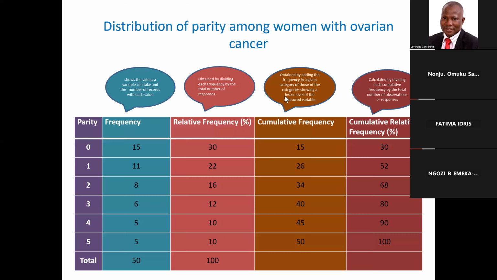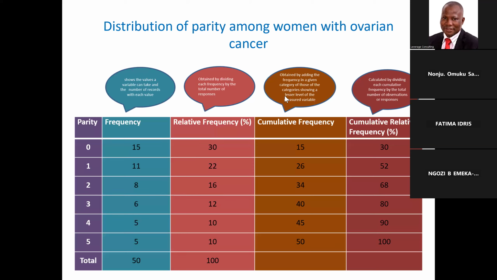Now, the example I give here will illustrate and help you understand distribution itself and the four different types of distribution. Here we have a sample size of 50 women, and what we are showcasing here is the parity of the women.